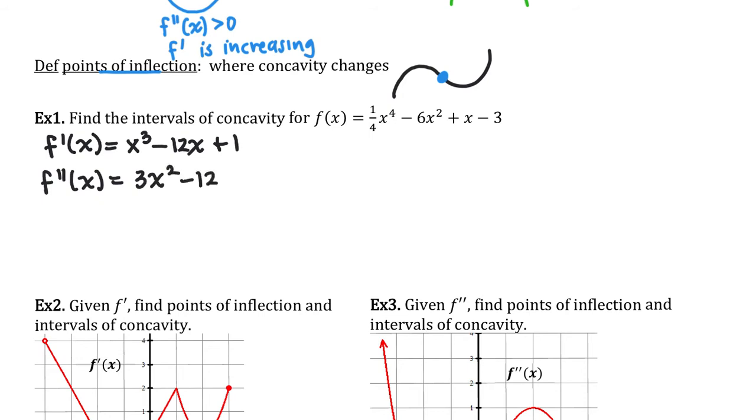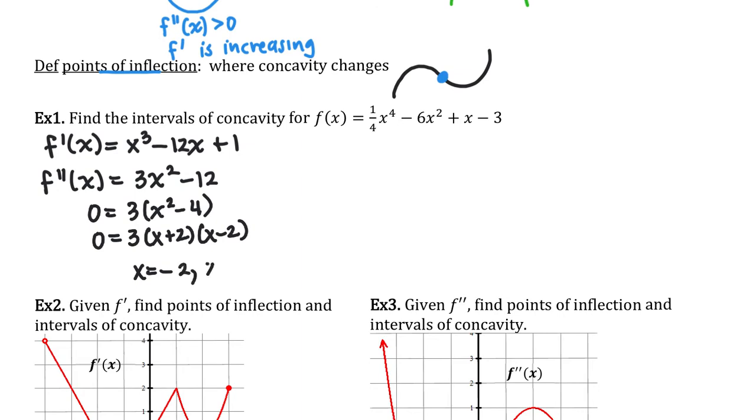But since this is concavity, I'm going to do the second derivative. Now I want to determine whether the points of inflection are going to be where the concavity is changing from positive to negative. So just like with the critical points, I'm going to see when f double prime is equal to 0 or when f double prime is undefined. For this function, there's no values at which it's undefined, but there are values when it equals 0.